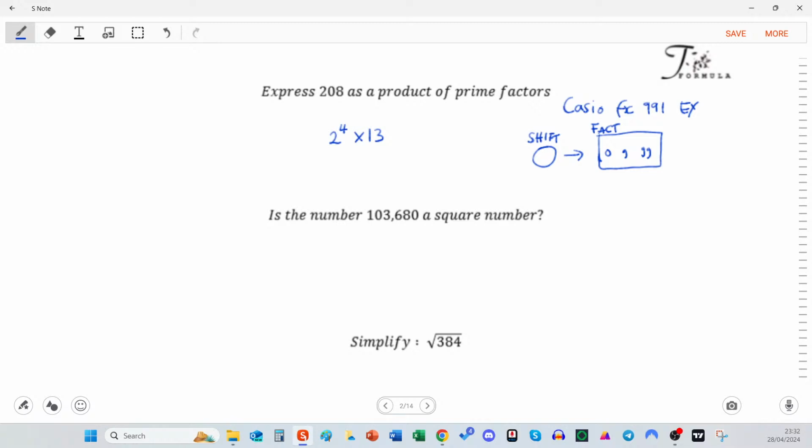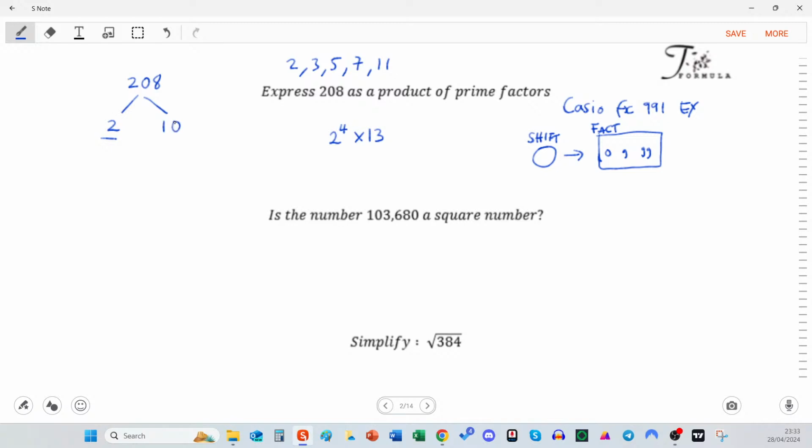Now, if you don't have this fancy calculator, which is allowed in the GCSE, then you can just do it the old-fashioned way and do the product of prime tree, where we go through and write it as things multiplying to get 208, but we underline any prime numbers. Now, according to the GCSE definition of a prime number, we have 2, 3, 5, 7, etc. to look out for. So we underline when we get one of those.